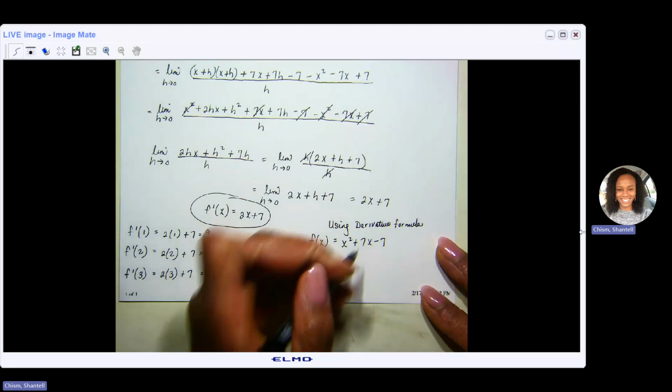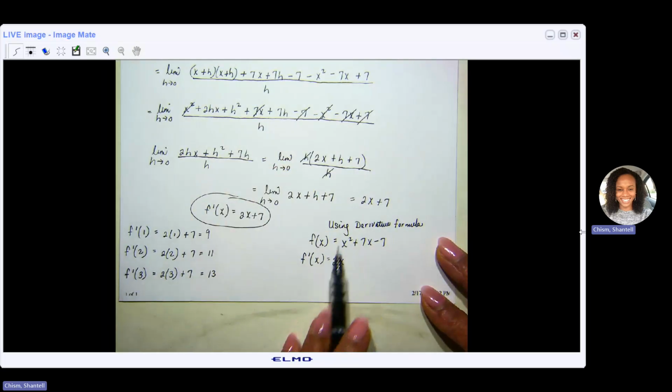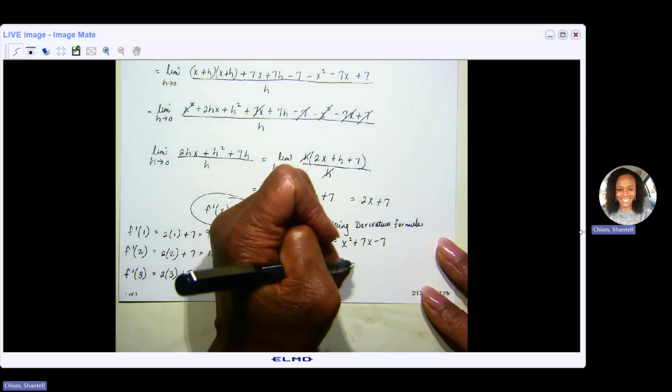So that first term would become 2x. 2 comes down, and then the old exponent gets subtracted by 1. So 2x now, with the understood exponent of 1. Here, this term just becomes 7 because that has an exponent of 1. It gets brought down. And then that now has an exponent of 0. And x to the 0 power is just 1. So that's just plus 7.